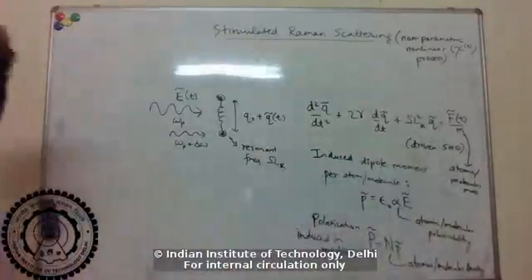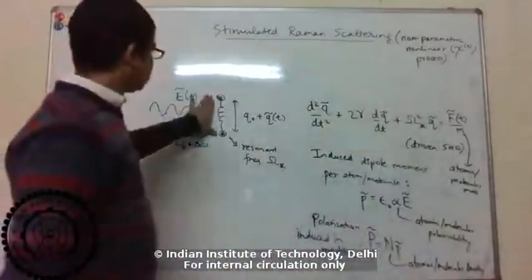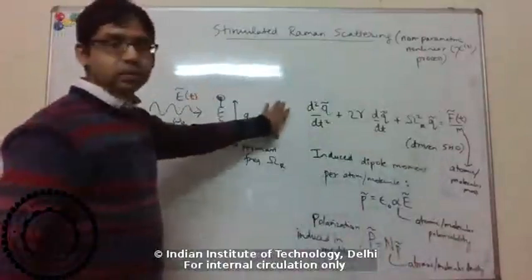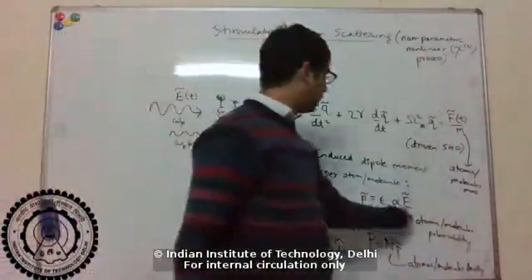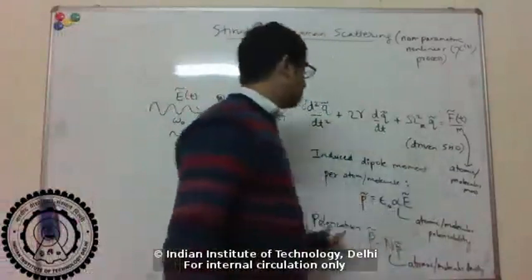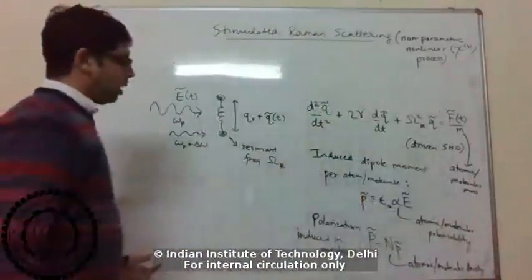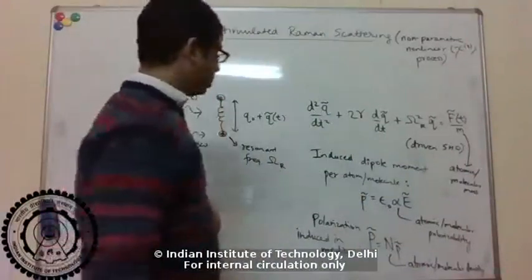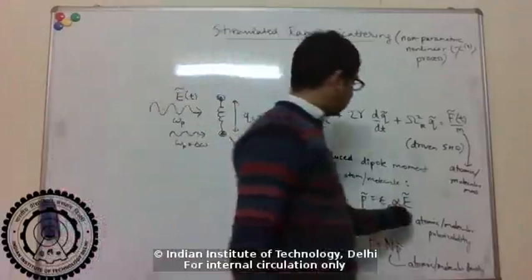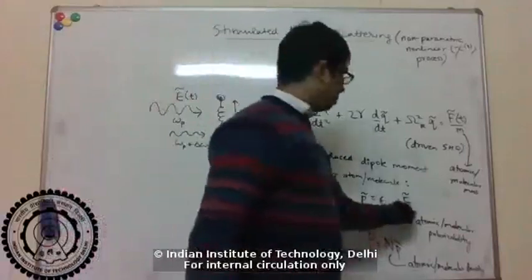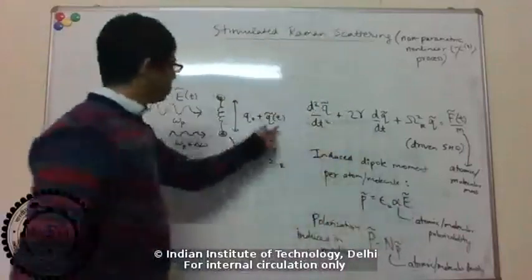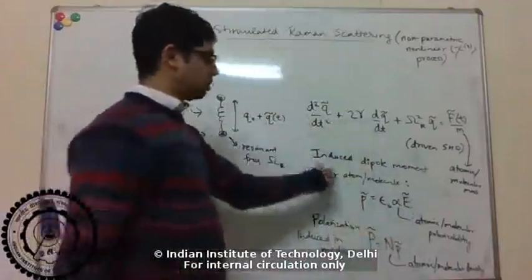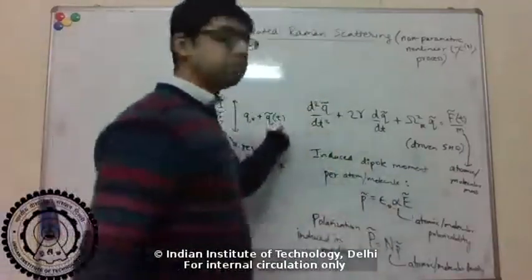Now what we'll say is that this bare system, when it's not vibrating, has some polarizability alpha. But when it starts vibrating and this bond starts getting distorted, this alpha now becomes dependent on this vibration amplitude q, and alpha also becomes a function of time.